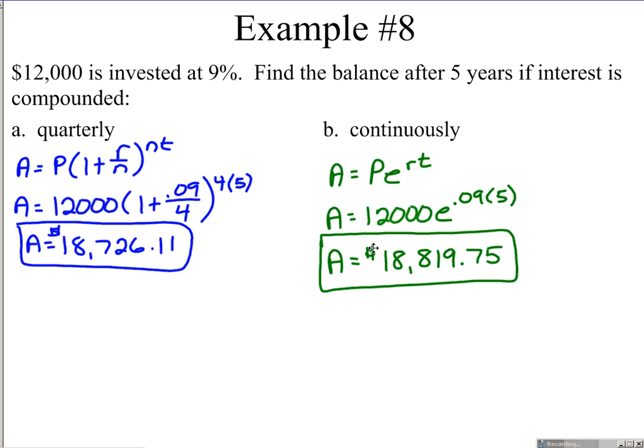You can see if it's compounded continuously, we do end up with a little bit more money, almost $100 more in the account after 5 years. The more times that interest is compounded within a year, the more money you are going to earn on the money that you are investing.